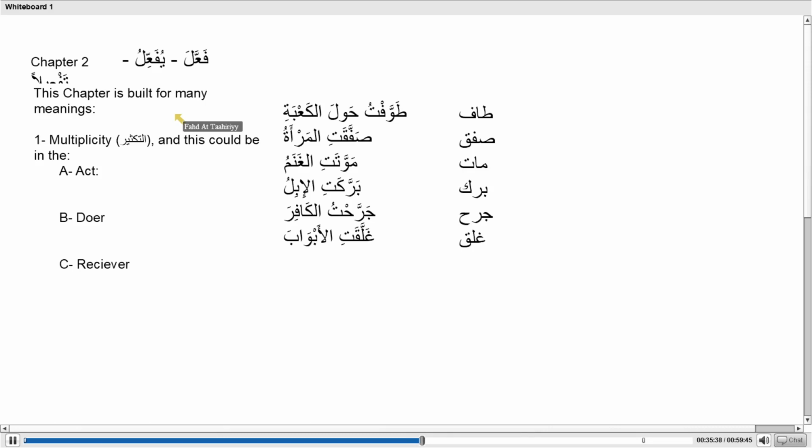But here, the act from the aspect of who did it could be plenty and it could be one. For example, طوفت. Okay? The act from the aspect of who did it.